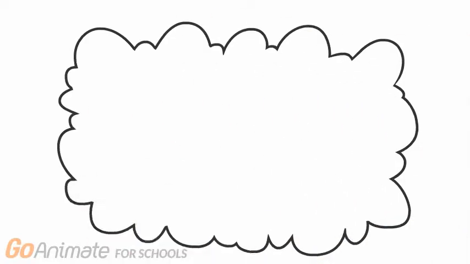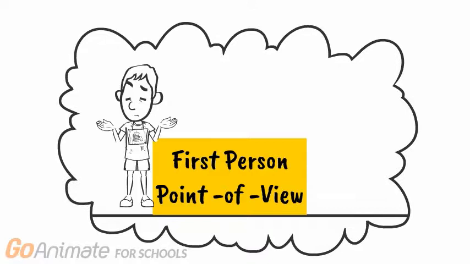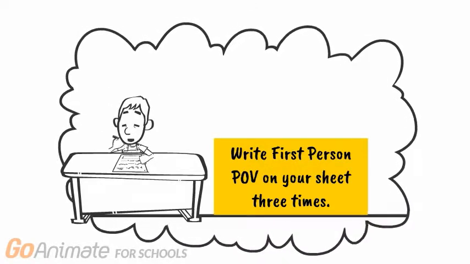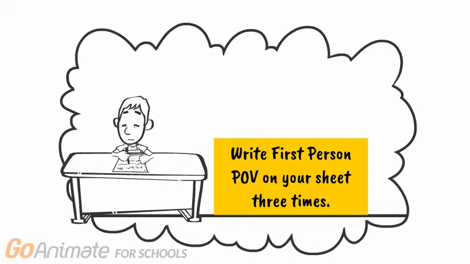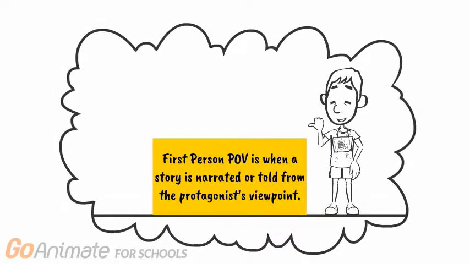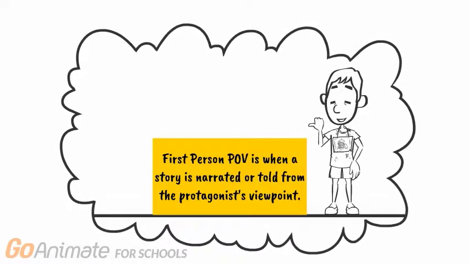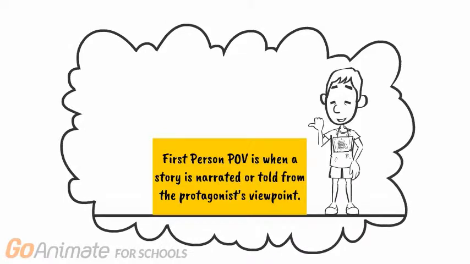First person point of view. Write first person point of view on your sheet 3 times. First person POV is when a story is narrated or told from the protagonist's viewpoint.